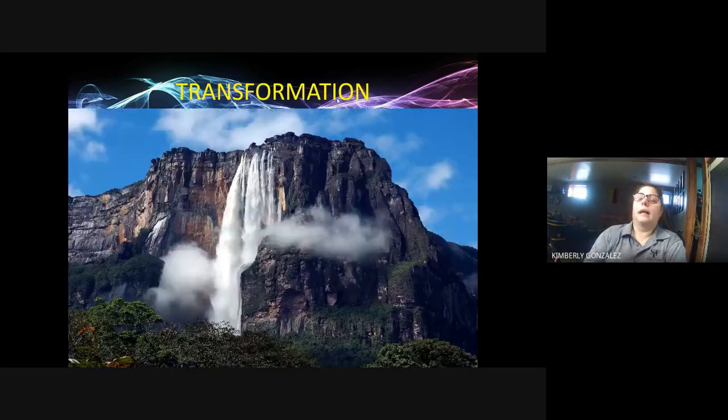Okay? Next, you have transformation. Now, transformation is when you start off in one type of energy and it transfers into another one, right? So you notice at the top of this picture here, you see how clean the waterfall looks, and then all of a sudden it gets more misty as it goes down.